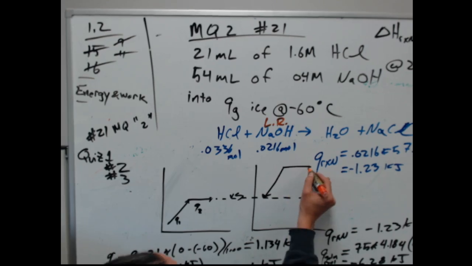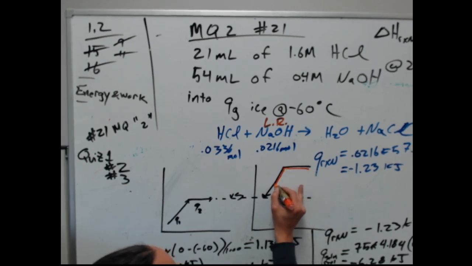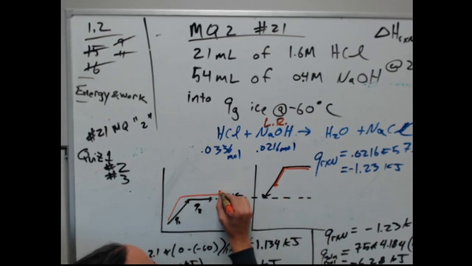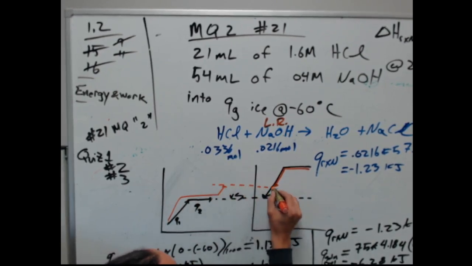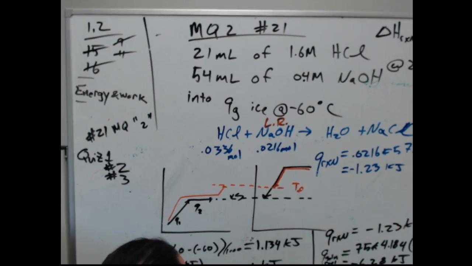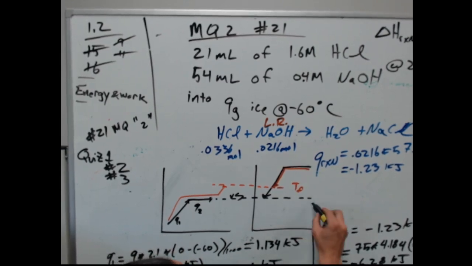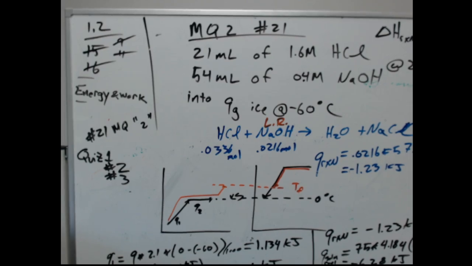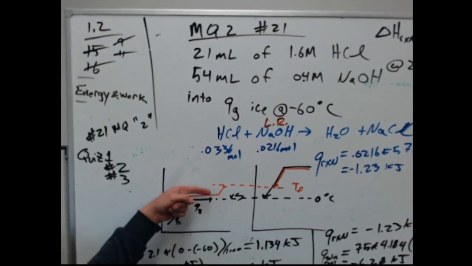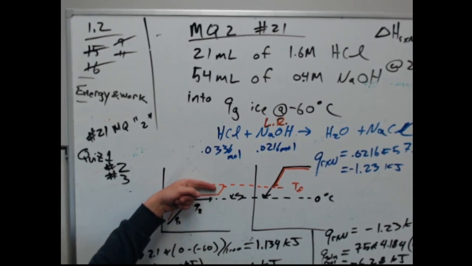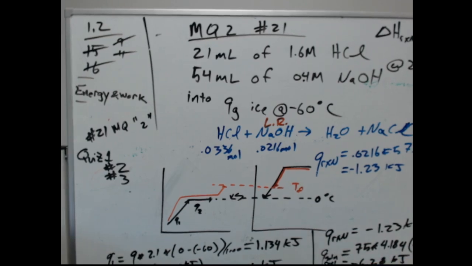Really, it's going to go reaction, cooling to some point, reaching a different T final, not reaching 0 degrees Celsius. That's how I got that wrong. It's not going to hit 0 degrees Celsius. So that means I'm going to need an extra Q here, and my T final is not going to be 0. So it's not going to lose all 6.